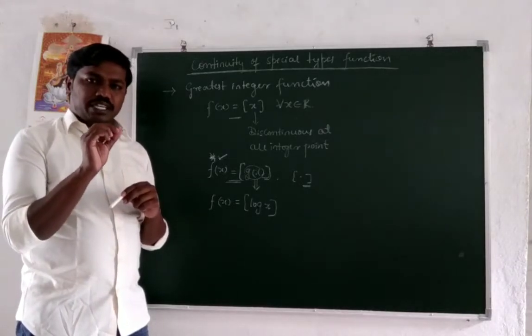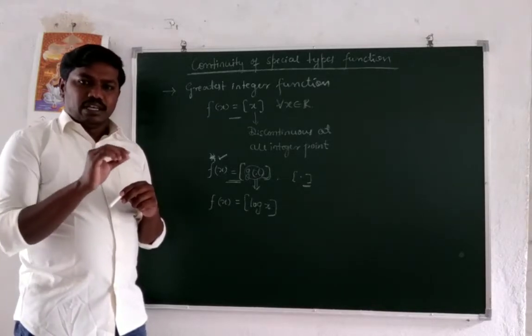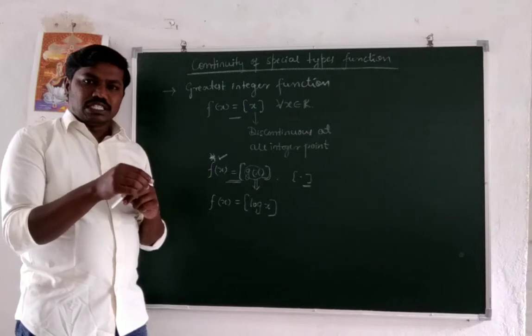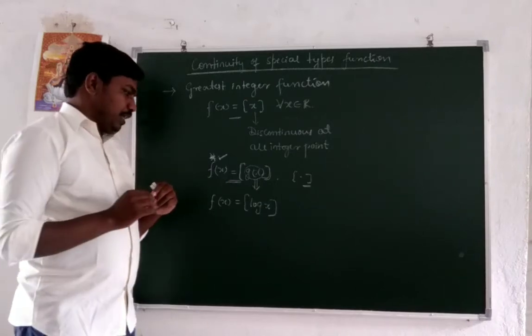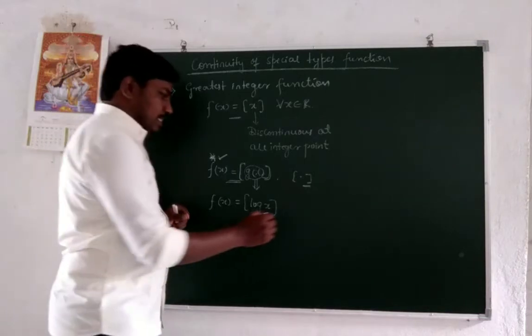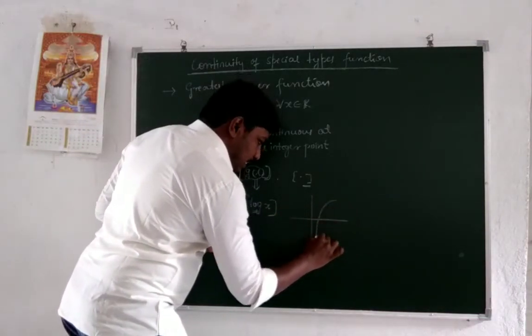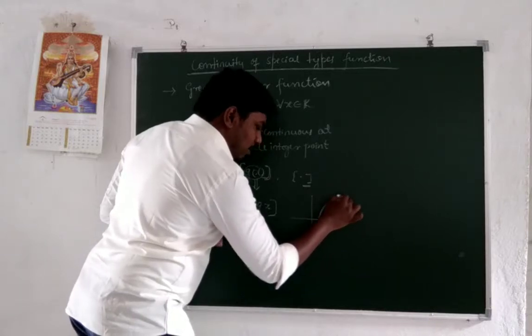What is a monotonically increasing function, and what is a monotonically decreasing function? Strictly increasing function, strictly decreasing function. So log x: we know the graph of log x, right? This is a two-dimensional plane, and this is the log x graph.